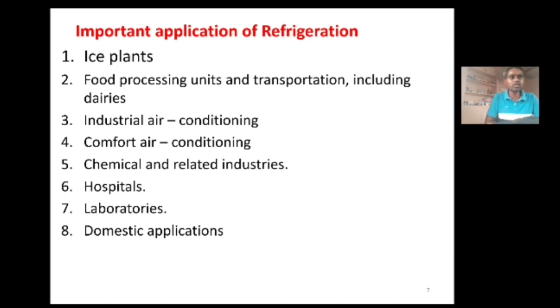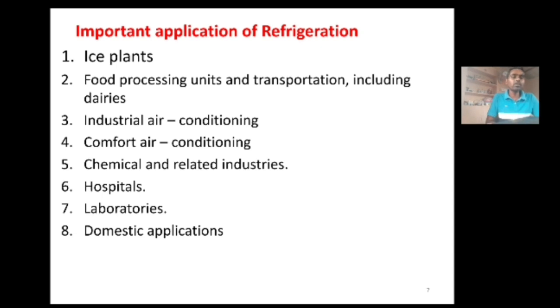It gives a very beautiful picture of the different things involved in each and every food that we consume, which is very good information to have. Then industrial air conditioning. Being mechanical engineers, we all know how quenching and other applications show how refrigeration plays an important role.